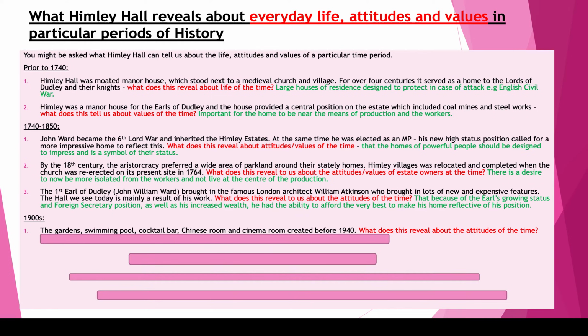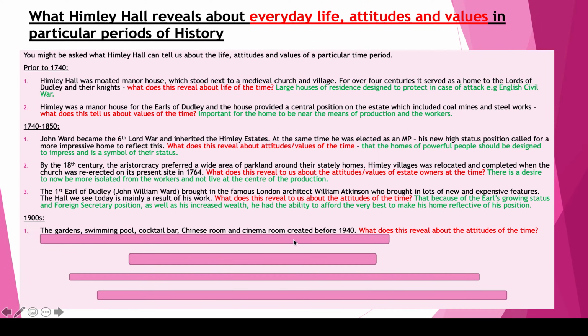For the last time period then, obviously, as you know, there are lots of changes that occur before World War II, so between 1900 and the 1940s. The fact that you get the gardens, the swimming pool, the cocktail bar is added along with the shoot as well, and the Chinese room with the £400 wallpaper and the lacquered furniture, and the fact that a cinema room with a talkie, so a speaking cinema, is all created before 1940.